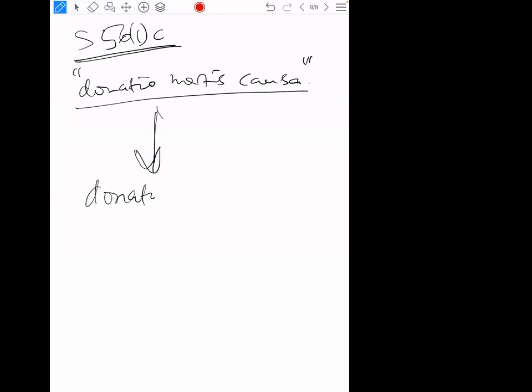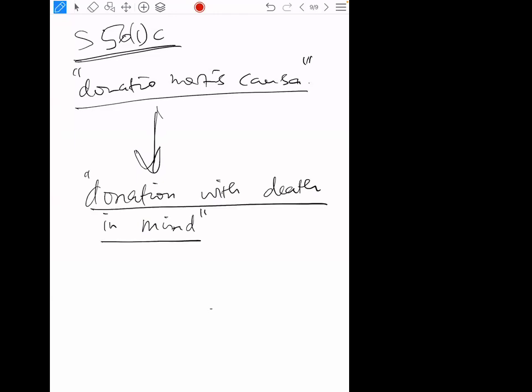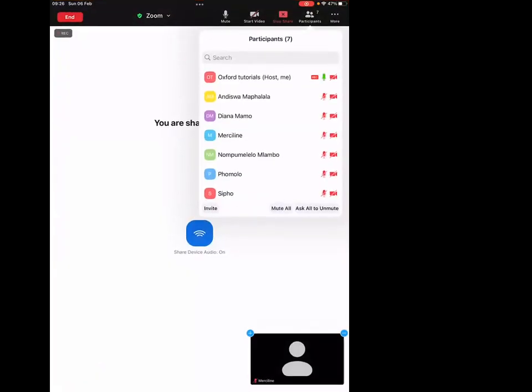This is donation with death in mind. If you are not careful, you are going to confuse it with the one that is sitting in D. So now, a donatio mortis causa happens like this. When we say with death in mind, normally, it be after someone has been diagnosed with a terminal illness. In that case, now death is in your mind because you feel like you are about to die.